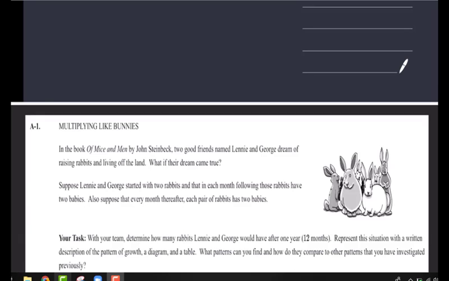So we're going to do our A.1.1. And we're going to take a little bit of notes, kind of do a couple little problems together. So we're going to represent exponential growth.